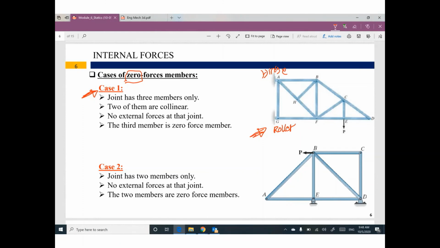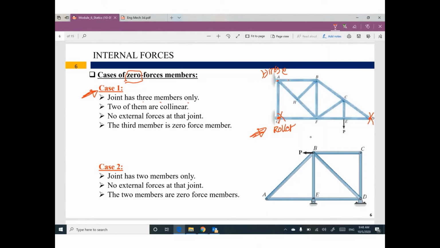joint has 3 members only. My question is, how many members at this joint? 2? Forget it. 3?